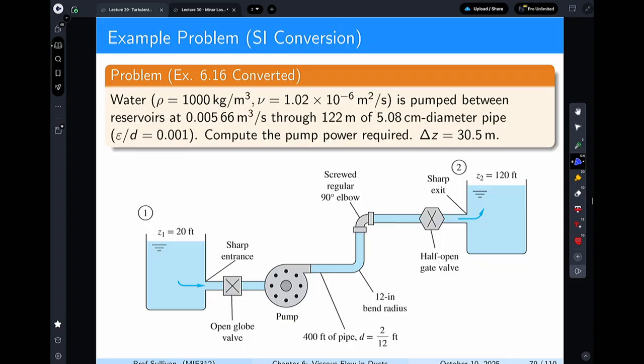Delta Z is 30.5 meters, so 100 feet, 400 feet of pipe, 2 inches diameter, and then a whole bunch of these fittings in there. So the pump is going to add head to the system. So that's how you're able to drive it from point 1 to point 2. Points 1 and 2 are free surfaces, and they will be at velocity 0.